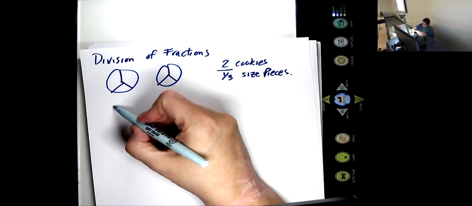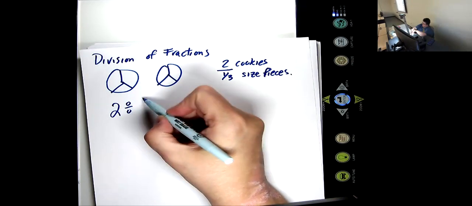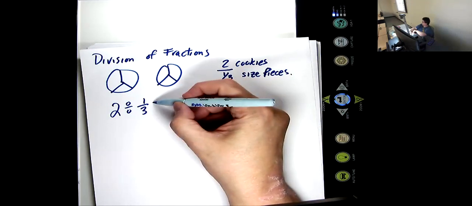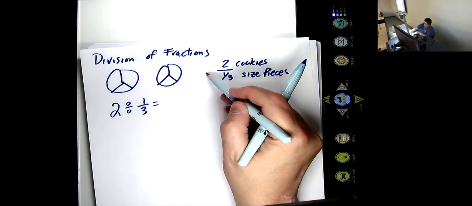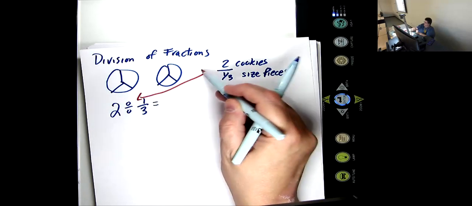What I'm doing is 2 divided by 1/3 to see how many slices I have, which also looks like this if we write it as a fraction inside of a fraction.